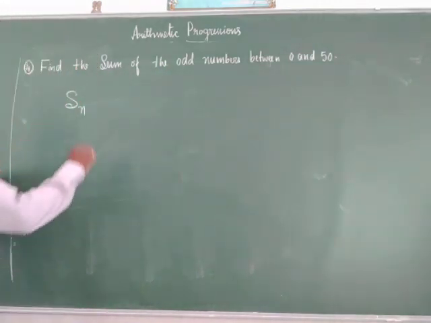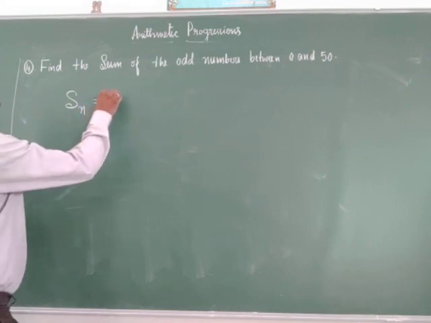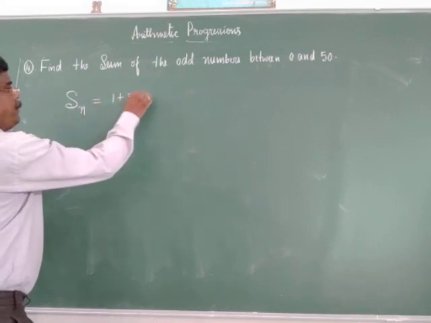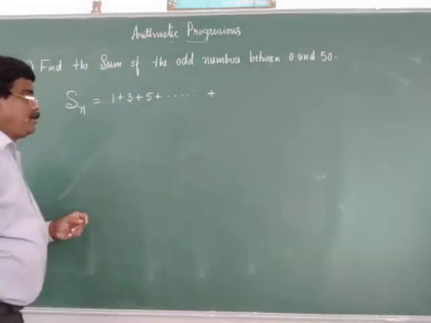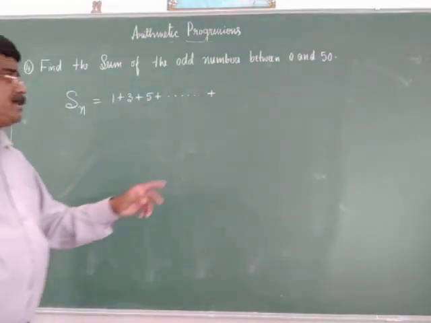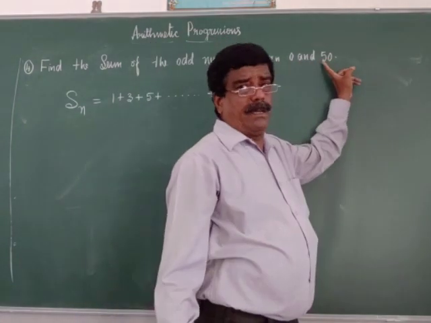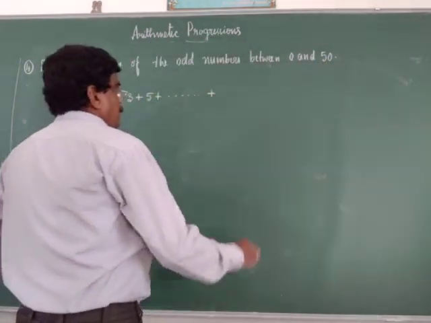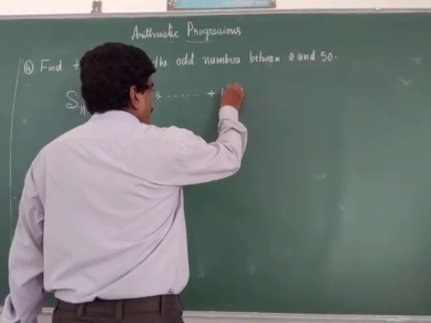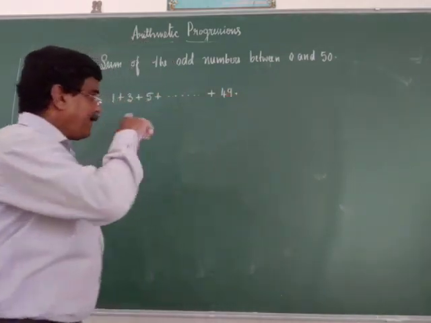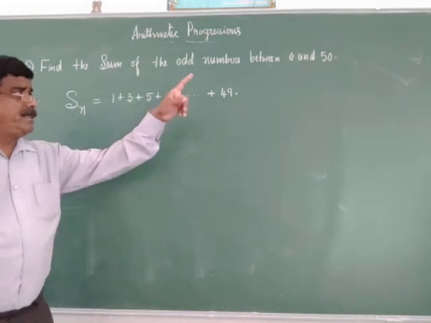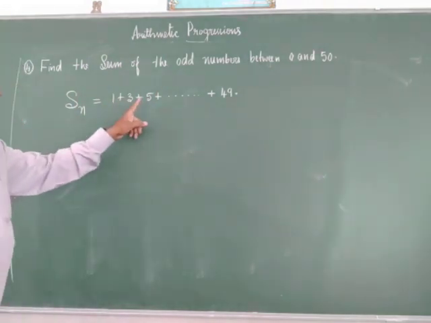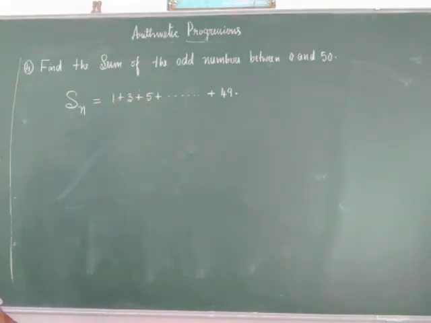So Sn is equal to 1 plus 3 plus 5 plus dot dot dot up to the last term. See, 0 and 50. 50 is an even number, you must be knowing. So behind that 49 will be there. This is the last odd number between 0 and 50. So Sn is equal to 1 plus 3 plus 5 plus dot dot dot up to 49.